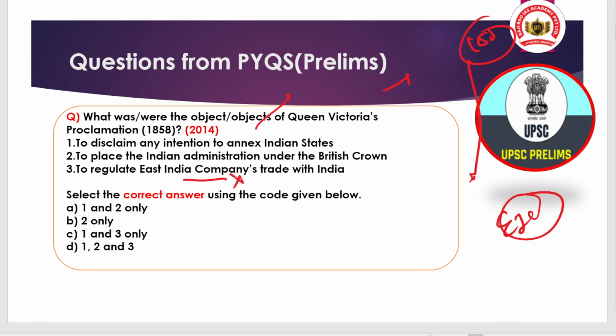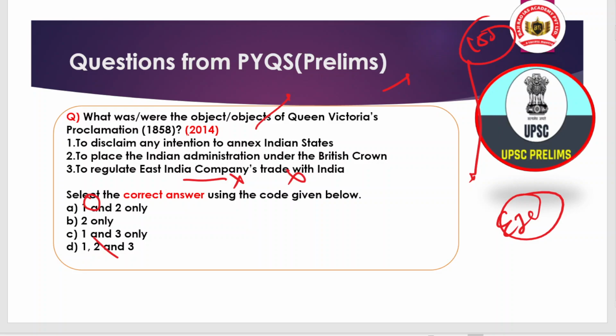If the East India Company no longer exists, how will it regulate trade? So statement 3 becomes wrong, and you can eliminate the options with statement 3. You are left with options 1 and 2, and 2 only. So you have to check only whether statement 1 is correct or not.